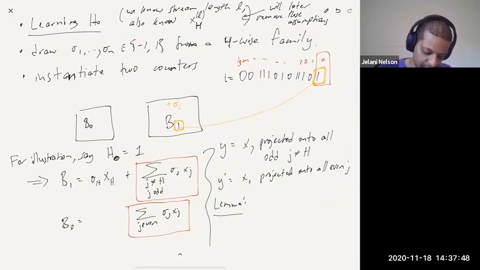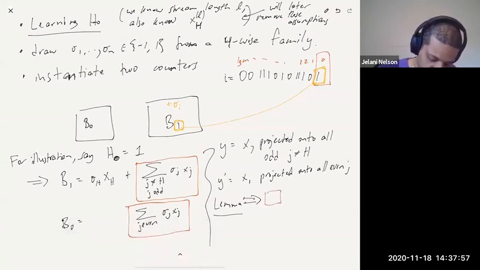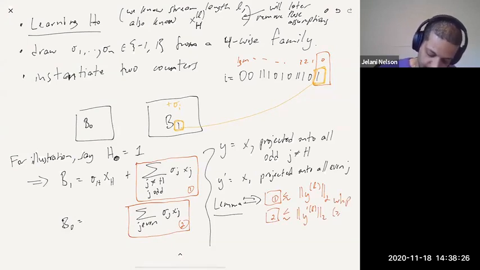So the lemma implies that these two red boxes, let's call them 1 and 2: red box 1 is at most the L2 norm of y at the end of the stream, and the second box is at most the L2 norm of y prime at the end of the stream, with high probability, let's say at least 80%, or let's say 90%.